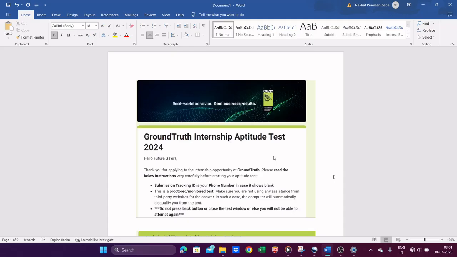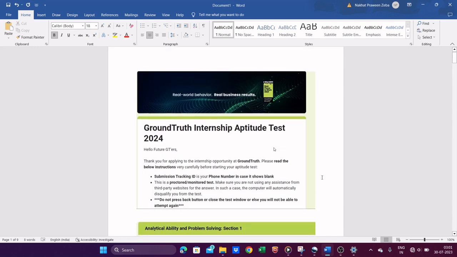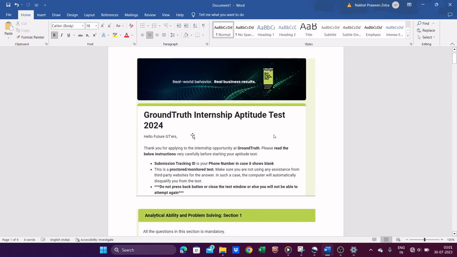So let's get started. Here you can see this kind of interface once you click on start test, and then a form presenter will be displayed, in which you need to mention your registered email ID.